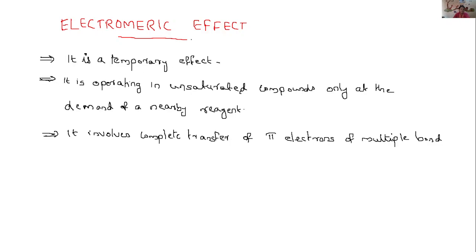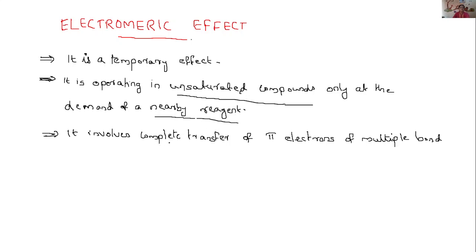And the second point is that it is operating in unsaturated compounds only at the demand of a nearby reagent. So, when the molecule is existing alone, without any reagent, there will not be electromeric effect.